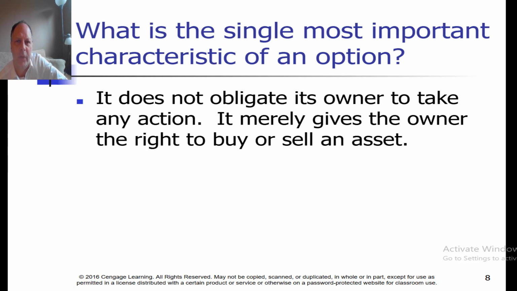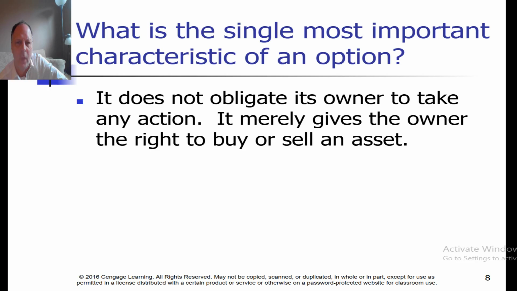The single most important characteristic of an option is it does not obligate its owner to take any action. It merely gives the owner the right to buy or sell an asset. The seller of the option, that is on the short side, is obligated to do whatever the buyer of the option, that is on the long side, tells them to do.